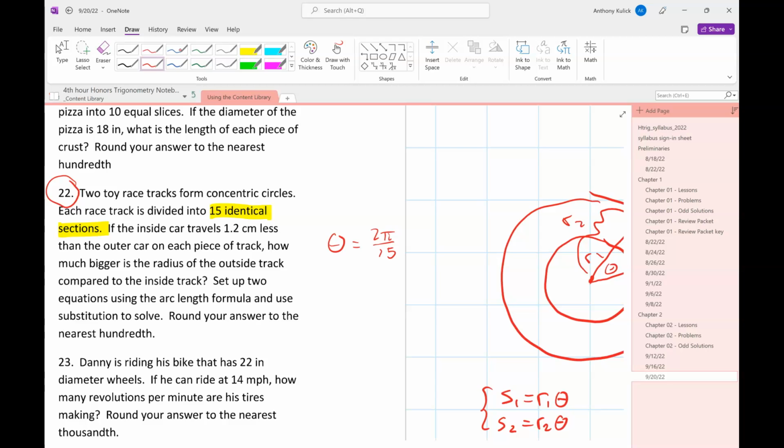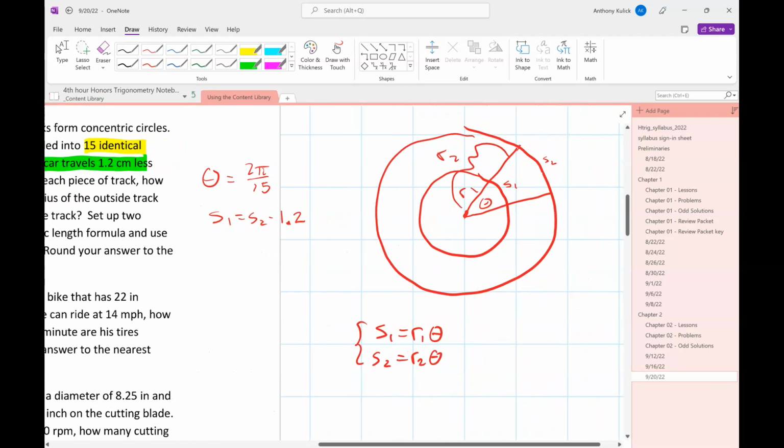Okay, well that's good. It says the inside car travels 1.2 centimeters less than the outside car. So S1 is equal to S2 minus 1.2. So let's go ahead and add that in and see where we're at now.